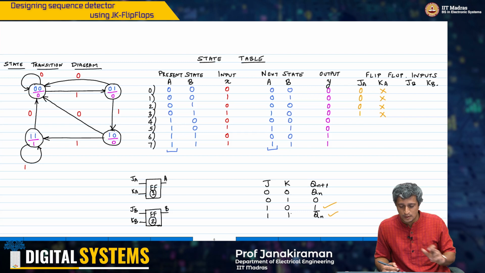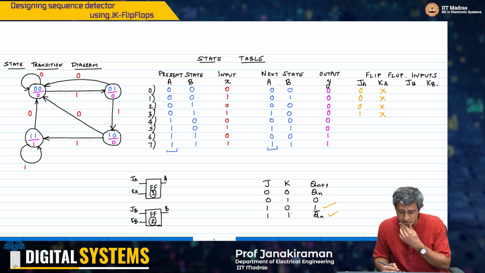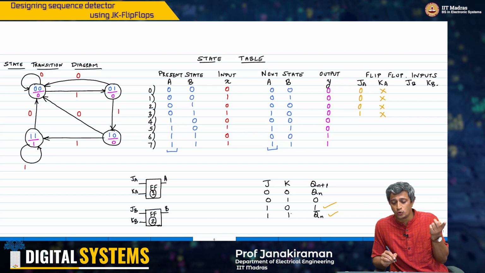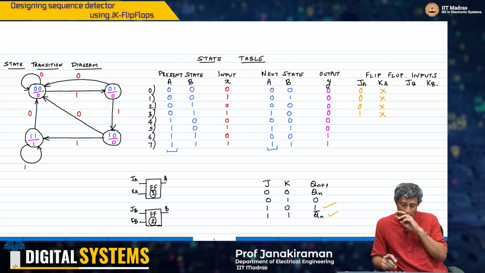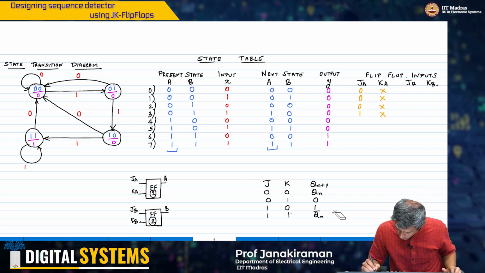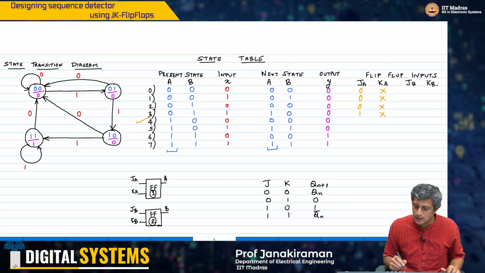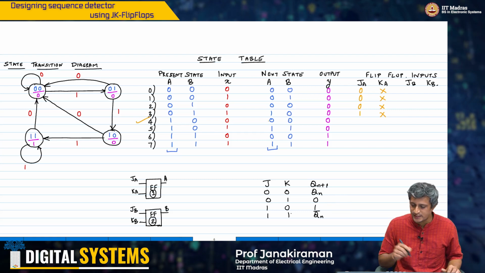Now, row number 4, present state is a 1, next state is a 0. Again you could end up toggling the bit. So let us look at it. In row number 4, present state is a 1, next state is a 0.